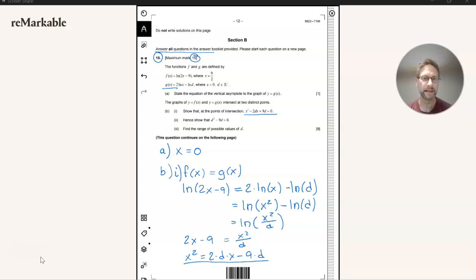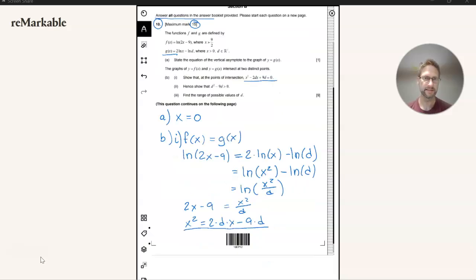For part 2, we need to now show that d squared minus 9d must be larger than 0. And we have to recall that the information we were given is that the graphs intersect at 2 distinct points.